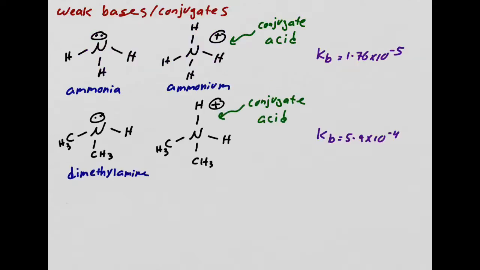This conjugate now doesn't have any extra electron to act like a base. Now it has an extra hydrogen. It's electron deficient. It could act like an acid. Are we good so far? Very nice job for hanging in there.